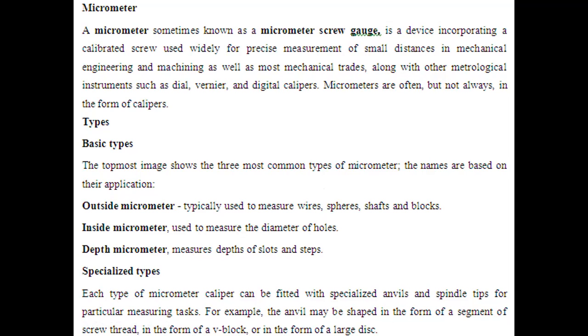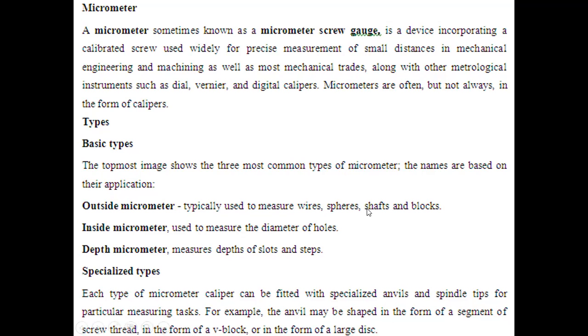These are the different varieties of components we can measure using the outside micrometer. The inside micrometer is mainly used for the internal dimension of the jaw, that is the inside diameter of a round cylindrical jaw. Then the depth micrometer is used to measure a hollow rectangular slot or a stepped block. These are the basic forms of micrometer.